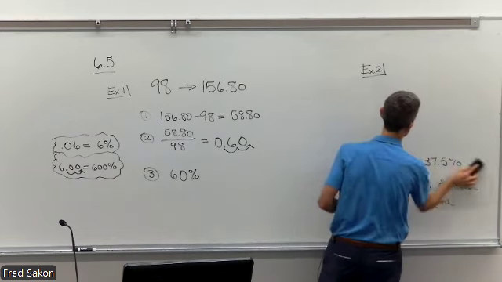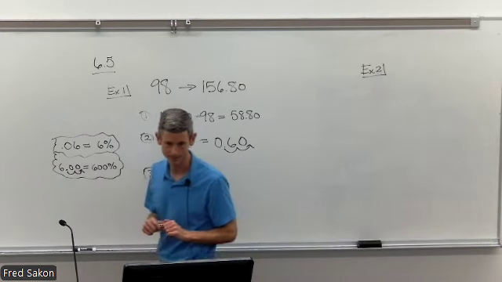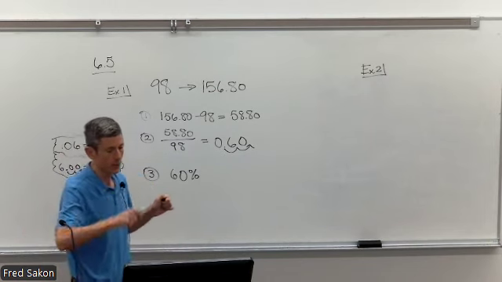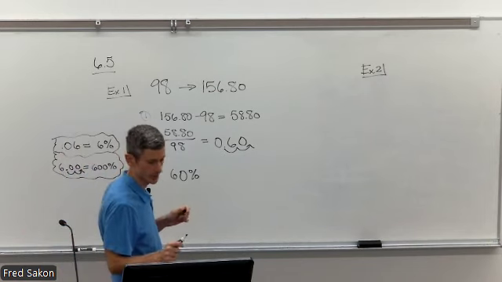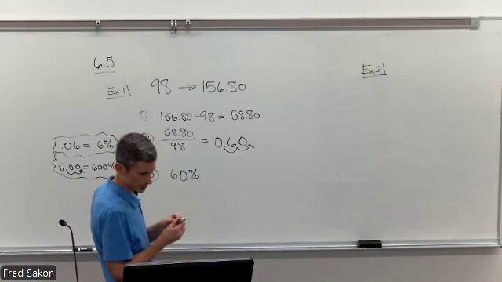So that first example was about markup. We marked up by 60%. And let's look at discount, the amount by which the regular price is reduced. The rate is the percentage of the regular price.